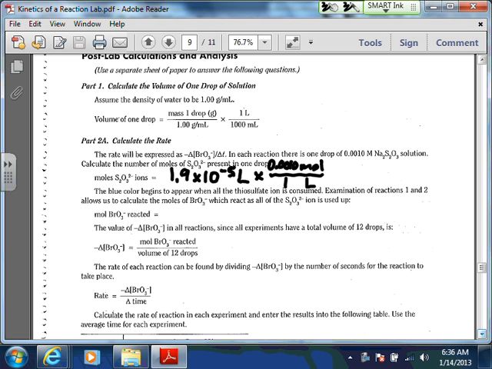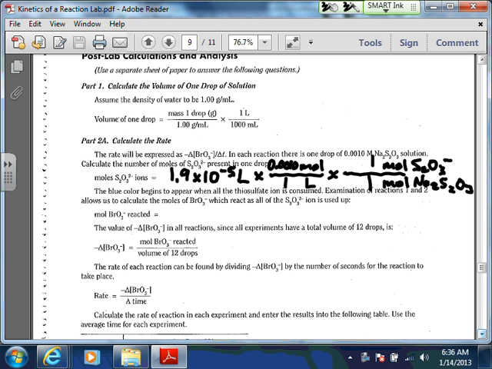Sorry if that's hard to see. And then we're going to look at the stoichiometry in the formula, because that's the Na2S2O3. But really here, that's kind of an unnecessary step, because it's a one-to-one stoichiometry, okay?